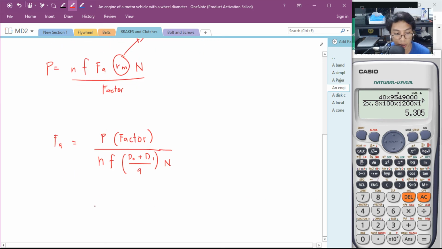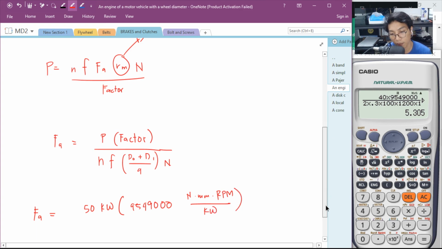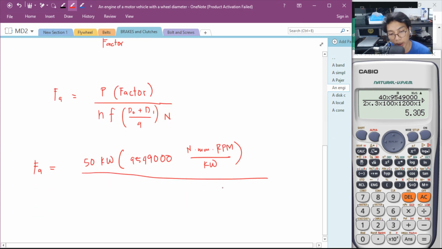Masolve natin si FA. FA will be yung power, that is 50 kilowatts, 9,549,123 Newton millimeter RPM per kilowatt divided by N. Number of mating pairs, dalawa. Ang coefficient of friction is 0.3. Multiplied to DO, DI. Uniform wear method to.